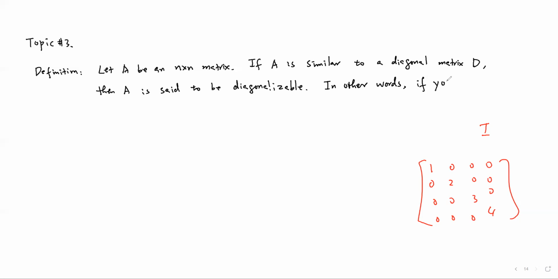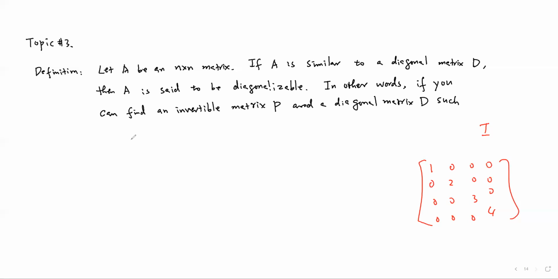And more precisely, in other words, if you can find an invertible matrix P and a diagonal matrix D such that A is P D P inverse, then A is diagonalizable.